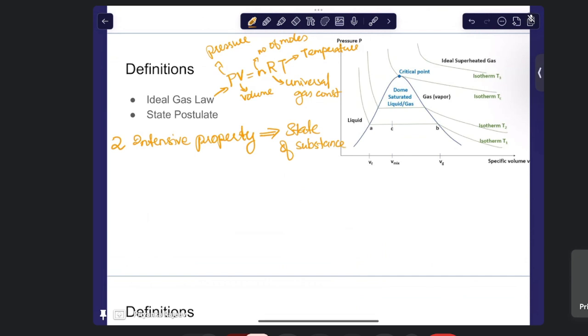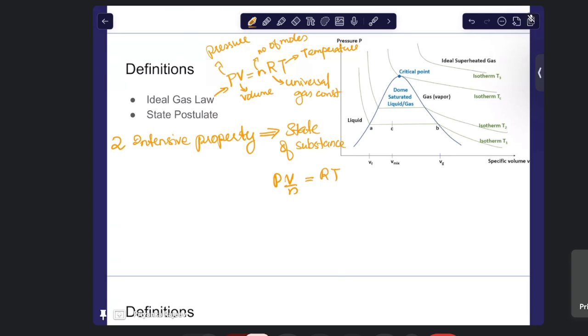That is why I was saying, using the ideal gas law, you can see P and V, where V by n is specific volume, which is an intensive property, then pressure is an intensive property, temperature is an intensive property. So you can see P, V by n, and R and T. R is a constant, V by n is an intensive property, pressure is an intensive property, temperature is an intensive property.